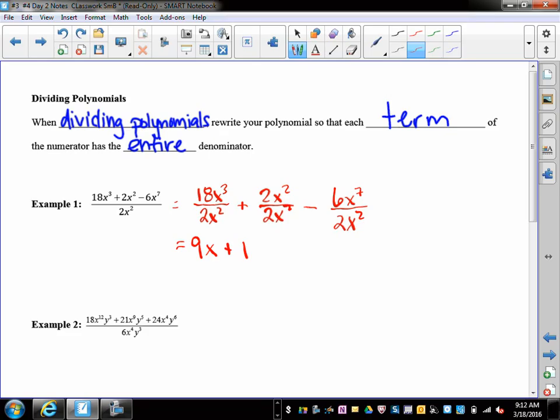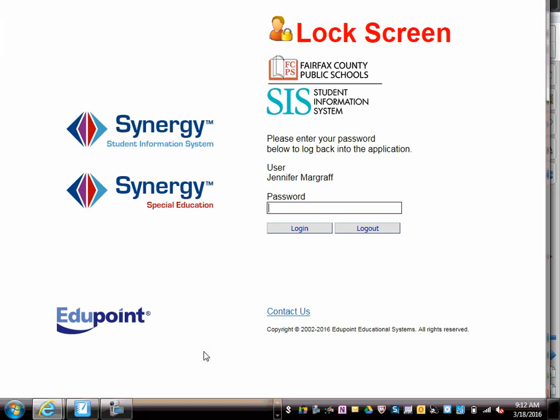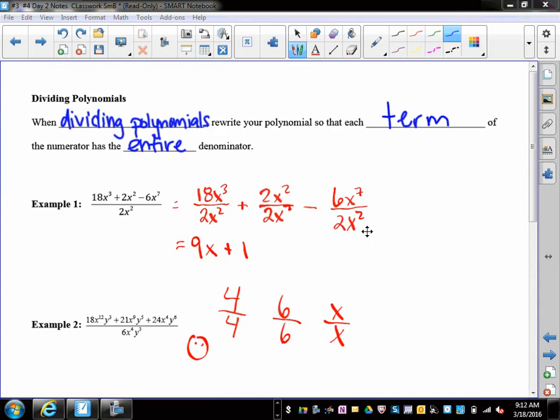Anything divided by itself is 1. 4 divided by 4, that's 1. 6 divided by 6, that's 1. x divided by x, that's 1. So this whole thing becomes 1.